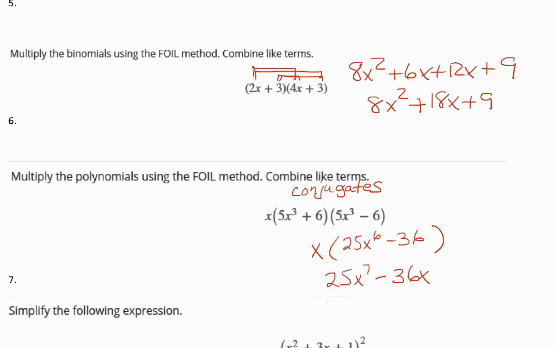So something like this. Squaring the 5 is 25, adding exponents, x to the 6th. A negative times a positive gives you a negative 36, and then you just distribute the x, and this is what you get. Again, if you have a question, be sure you're asking.